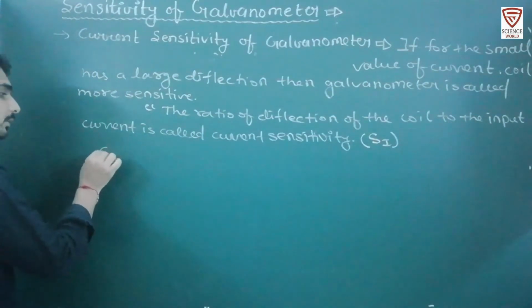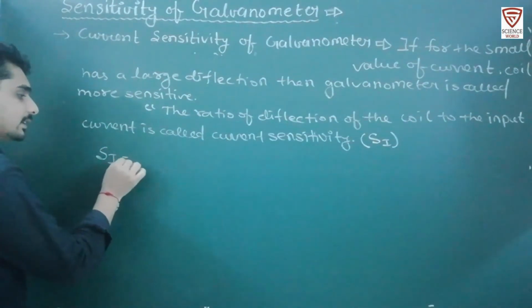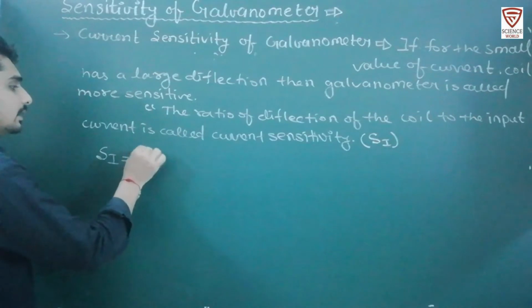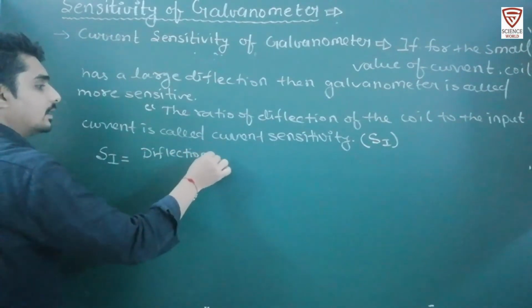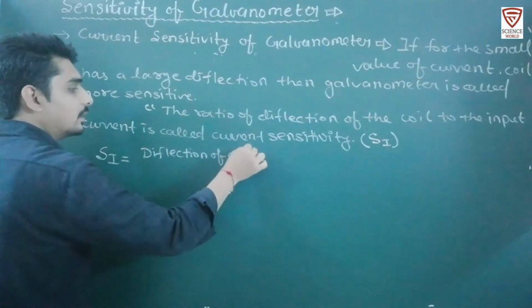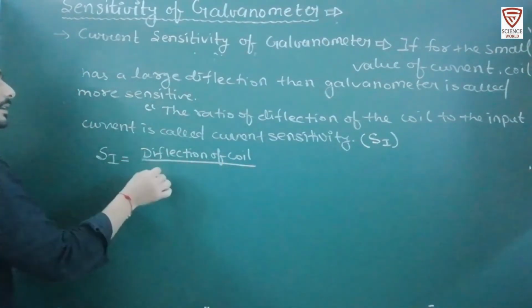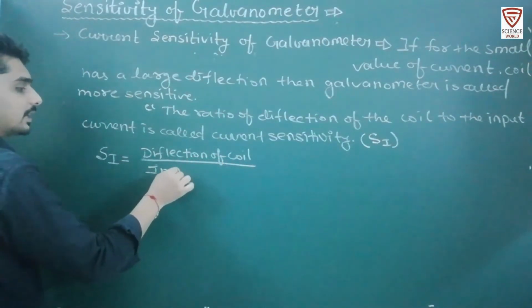So we can write down current sensitivity is equal to deflection of coil of galvanometer divided by input current.